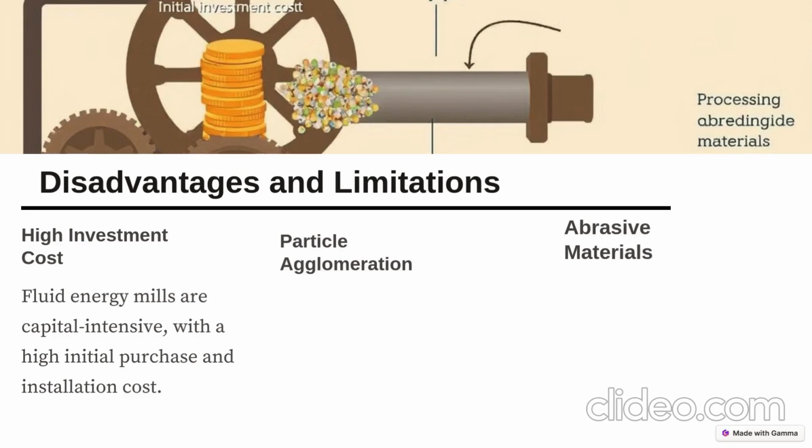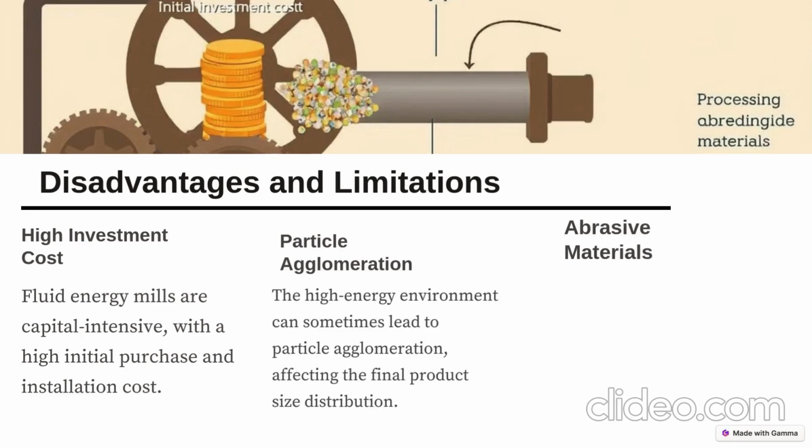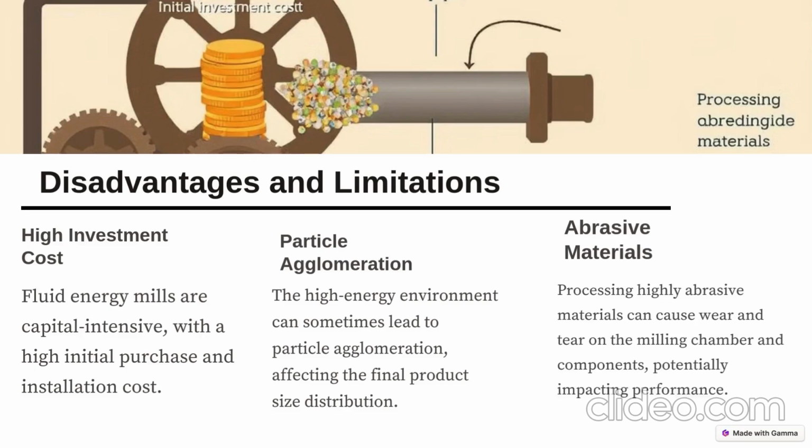Means the purchase cost and the installation cost are very high compared to other equipment. The next one is particle agglomeration. The high energy environment can sometimes lead to particle agglomeration, affecting the final product size distribution. And abrasive materials. Processing highly abrasive materials can cause wear and tear on the milling chamber and components, potentially impacting the performance.